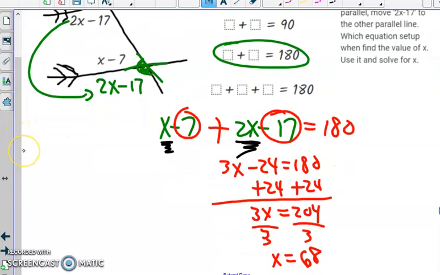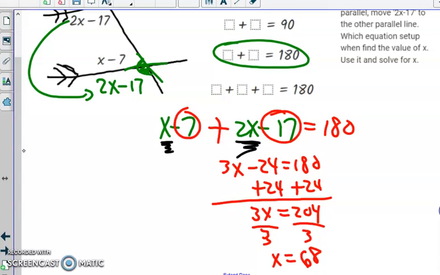And then this is the last one. If I do like terms, I get 3x minus 24, added 24 to both sides, and I end up with 3x equals 204, divide both sides by 3, x is 68.